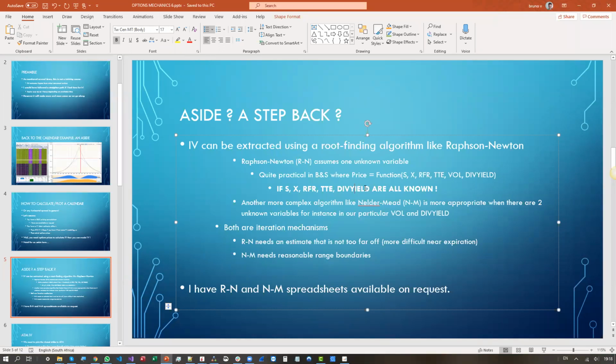Because it tries to figure out the IV curve, the IV skew is actually extracted from IV on different strikes, and you try to figure out for each strike which value of volatility seems to fit the curve.